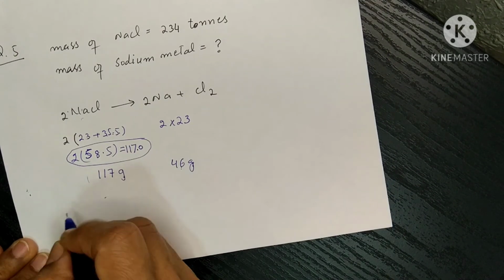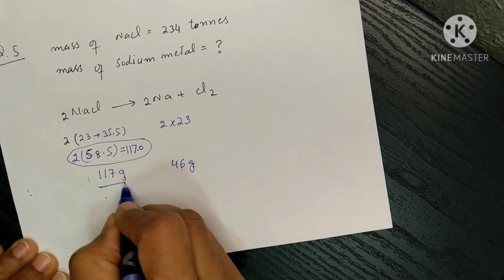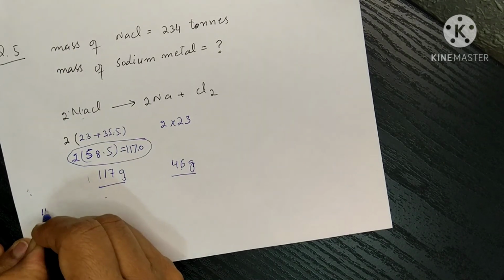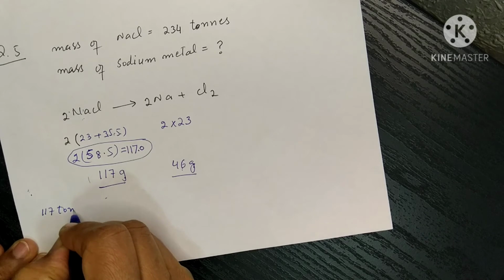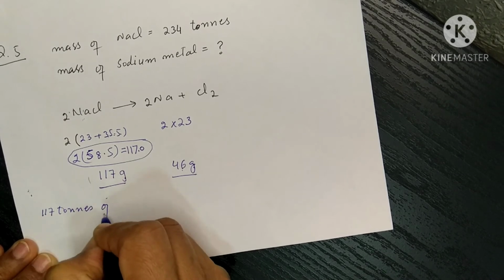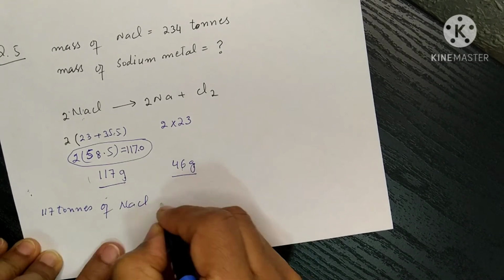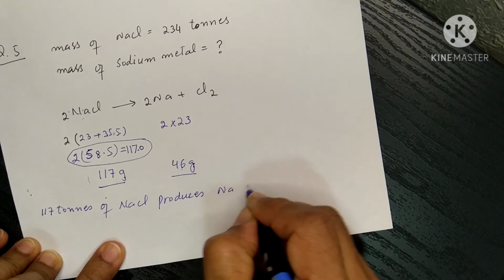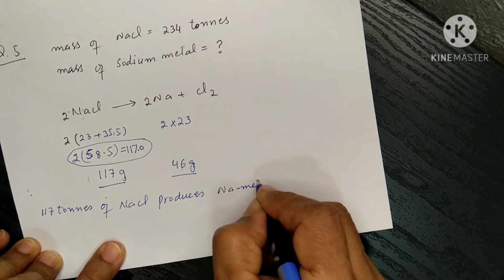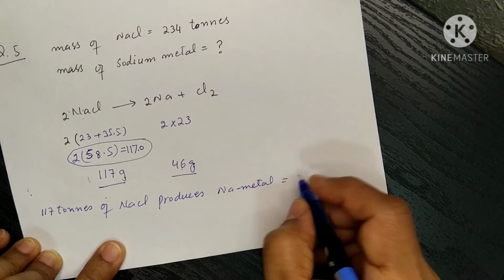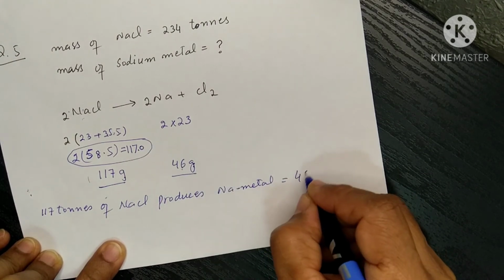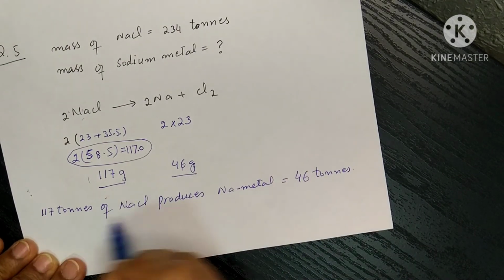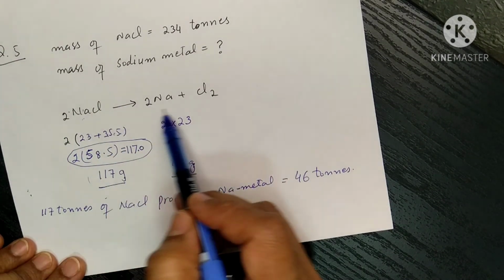Now according to this, 117 tons of sodium chloride produces sodium metal 46 tons. This statement is according to this equation.